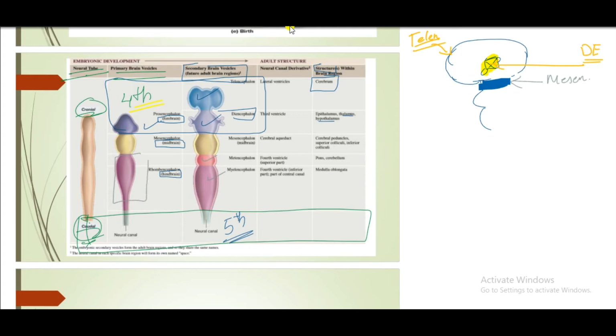It is originated from the rhombencephalon, and from the metencephalon pons is going to be formed, and also you can see cerebellum behind, and also from the myelencephalon the medulla is going to be formed. This is medulla.